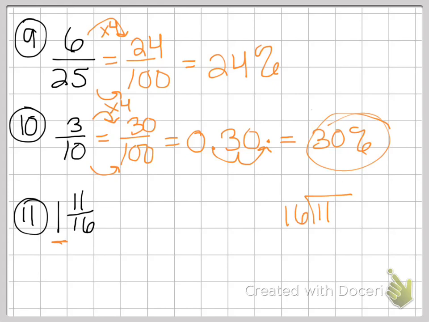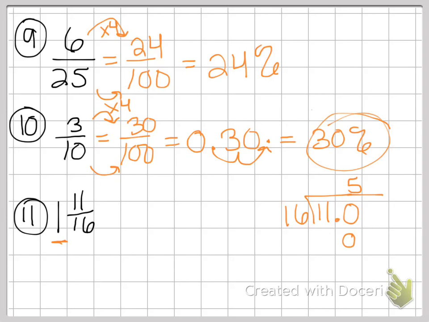16 can't go into 11, so add a decimal and a 0. I do not know my 16 facts, so let's round 16 to 20 and see how many times I can get 20 into 110. Maybe 5 or 6. Let's see what we get. That's 30, and that's 80.